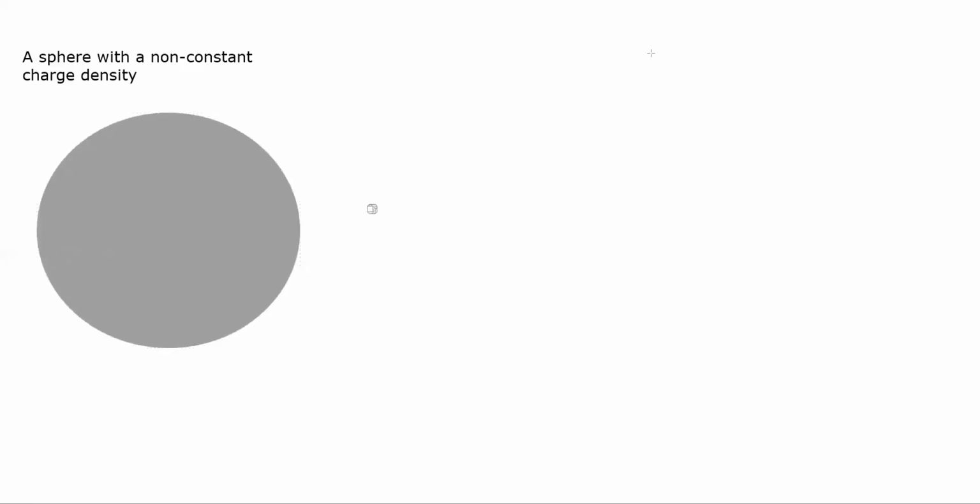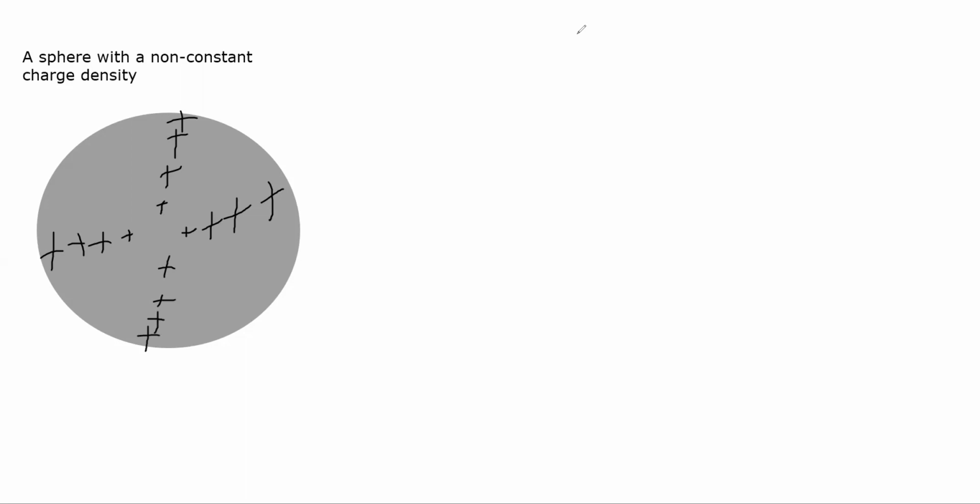Okay, so let's say I had a charge density such that the charge increases as you get further from the center. So the charge density increases, and this is true in all directions. The more you go from the center, the more charge is located per unit volume.